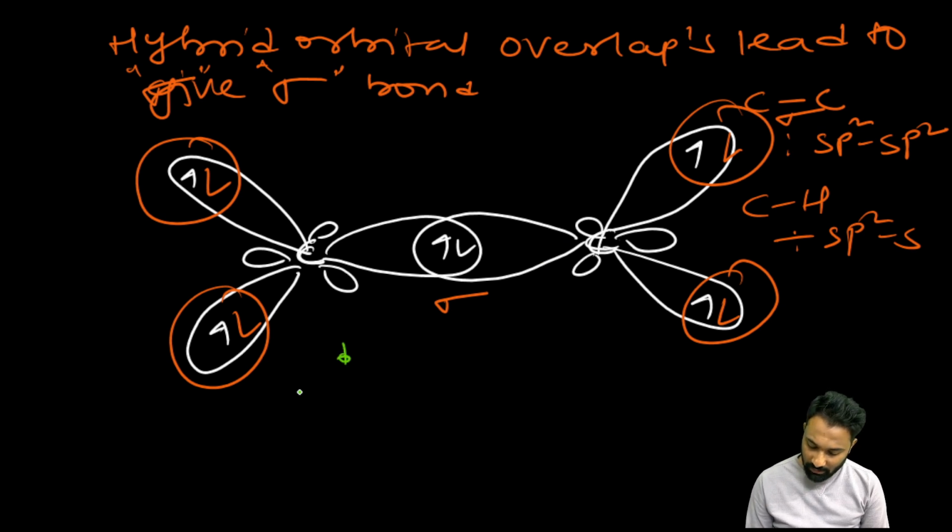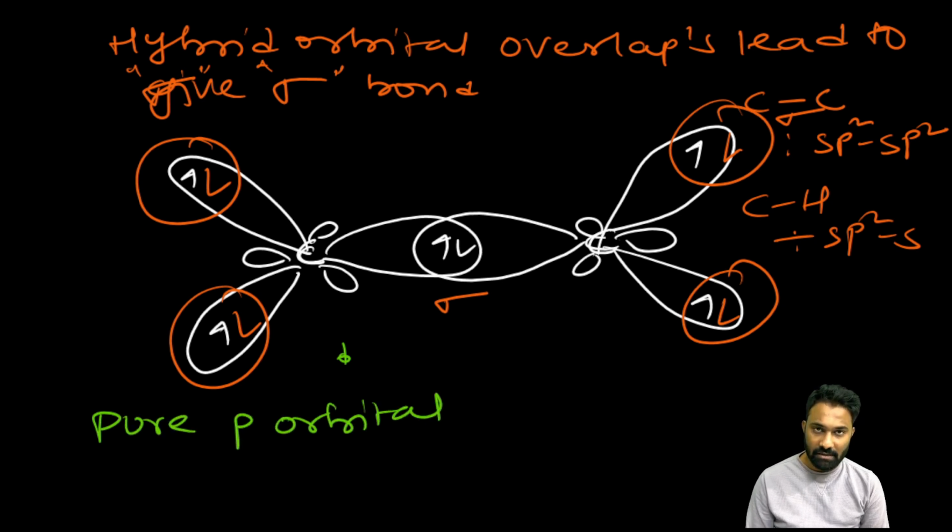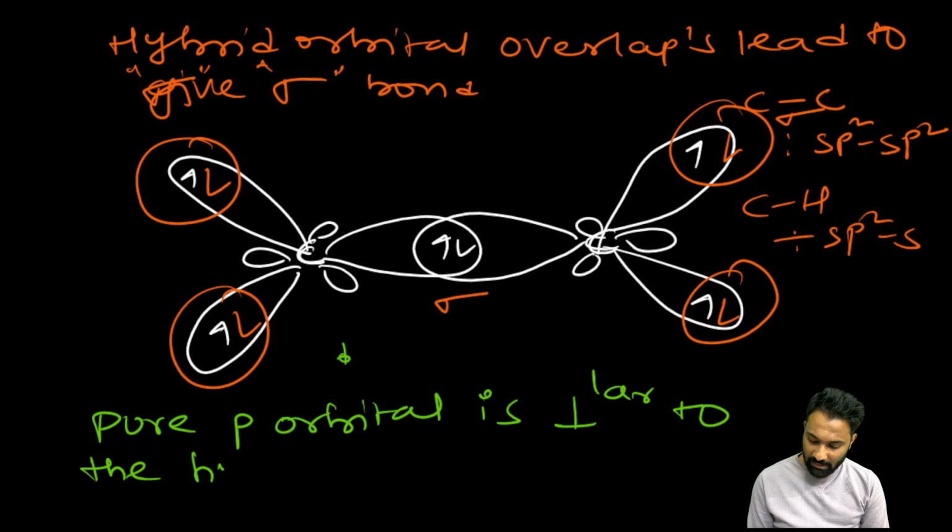The pure p orbital, which has not participated in the hybridization, is perpendicular to the hybridized orbital.